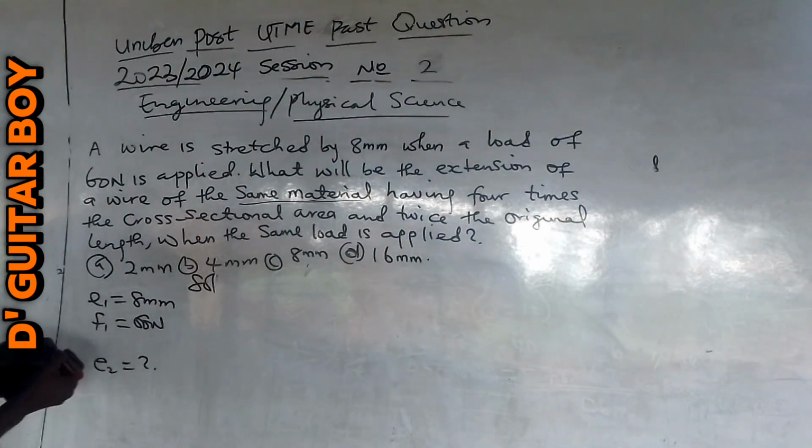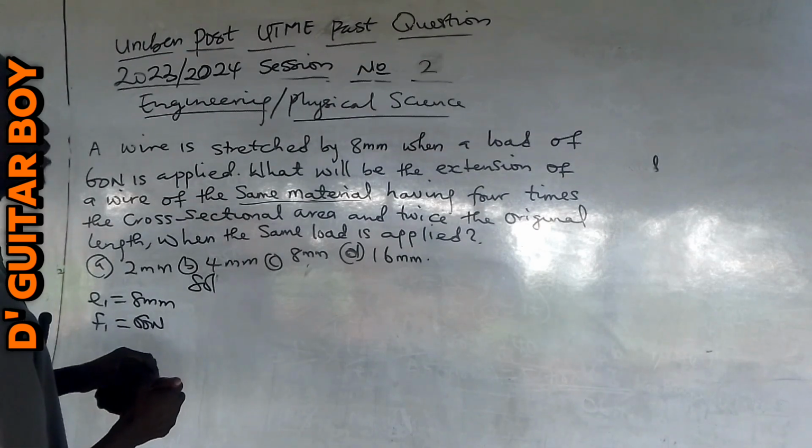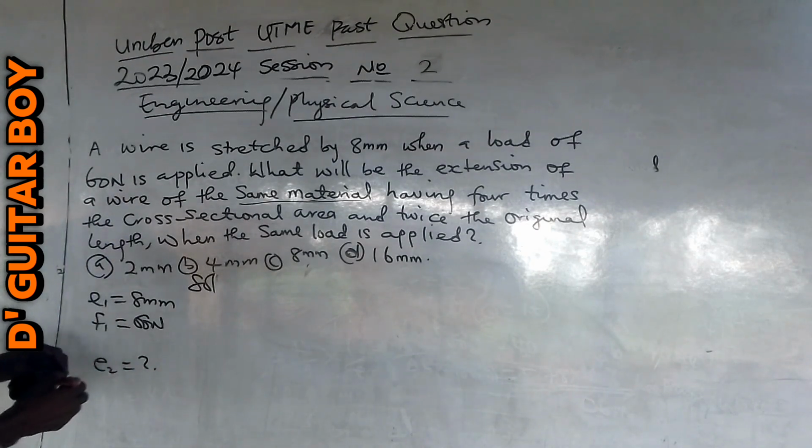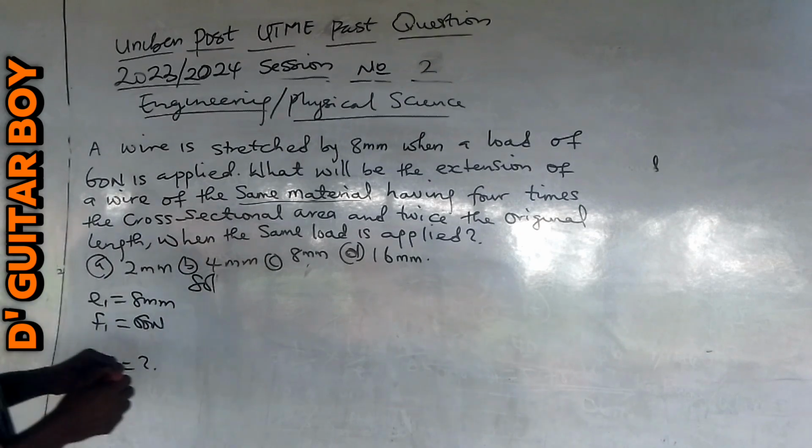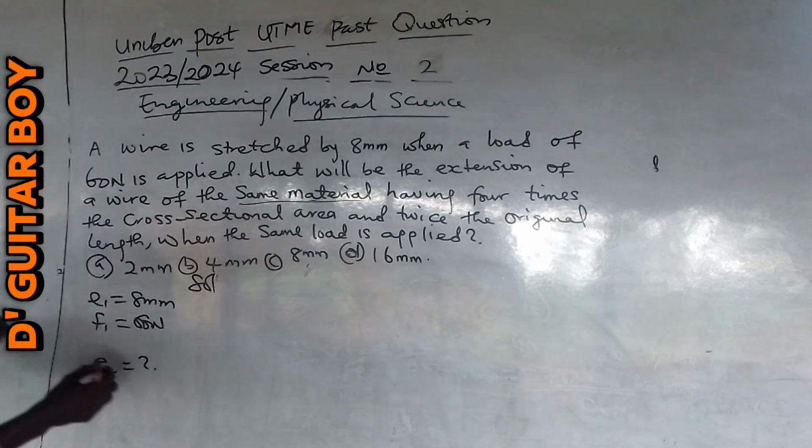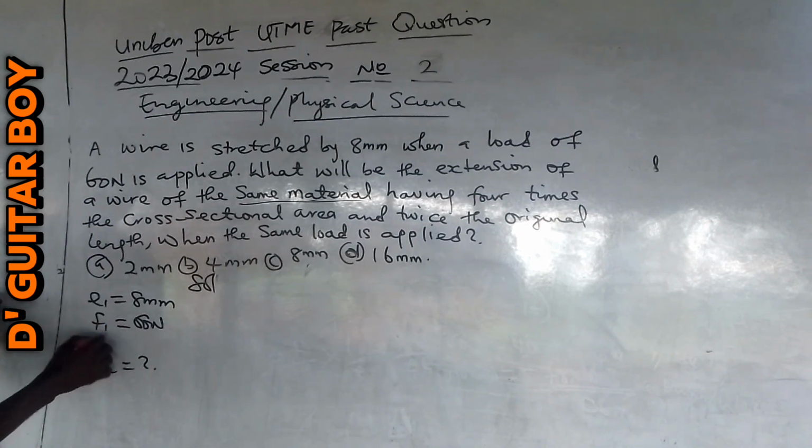So the cross-sectional area, they say having 4 times the cross-sectional area, which means we have area 1.